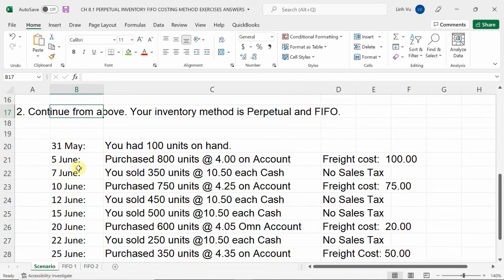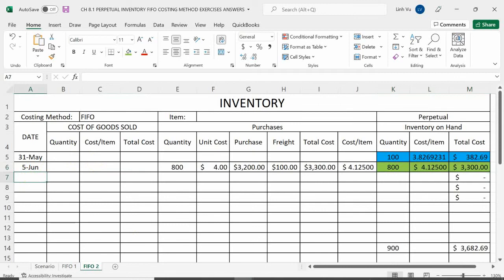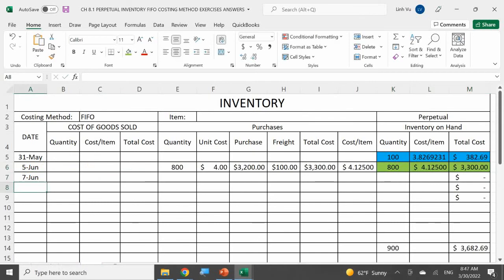June 7th rolls around and you end up selling 350 units at $10.50 each. 350. Okay. So in this case, it is June 7. We sold a total of 350 units. Now let's take a look at our batches of inventory.